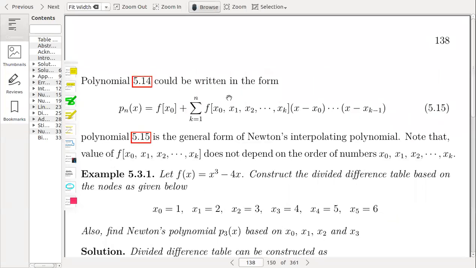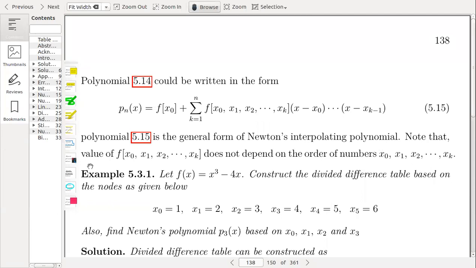Okay, the polynomial could be written in the form using summation. So Pn of x is equal to f of x naught plus the sum from k equal to 1 to n of f of x naught, x1, x2, so on xk, times x minus x naught, so on, x minus x k minus 1. This polynomial is the general form of Newton's interpolating polynomial.